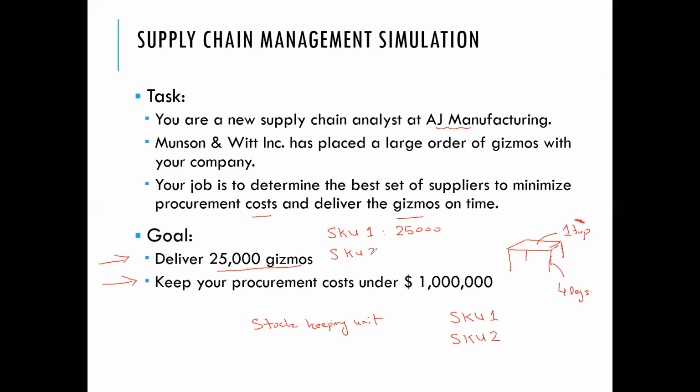And how many do you need for SKU2? If your answer is 100,000, then that answer is correct. Why is it 100,000? Because in order to complete a single gizmo, you need 1 of SKU1 and 4 of SKU2. So you will need 25,000 of SKU1 and 100,000 of SKU2. Now that's your starting point.